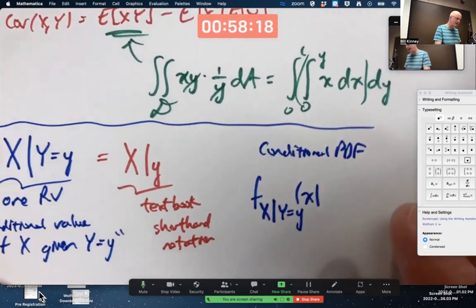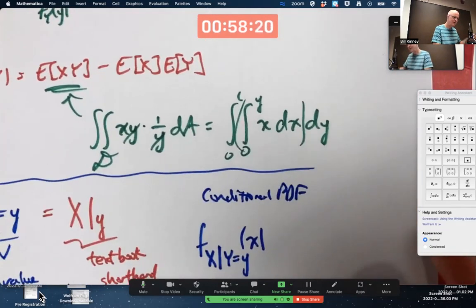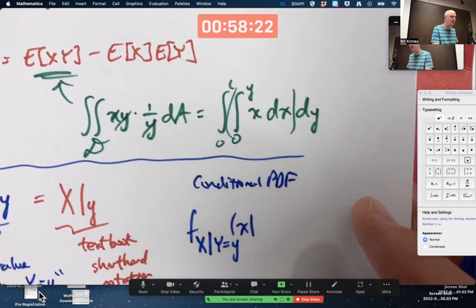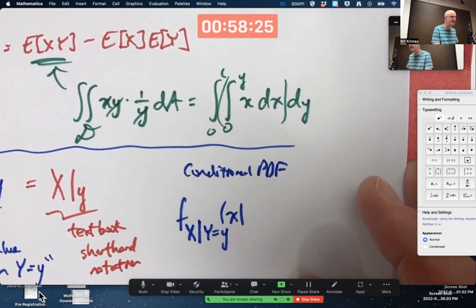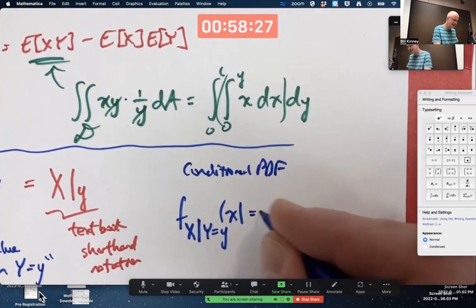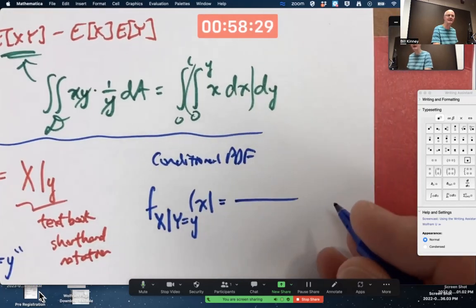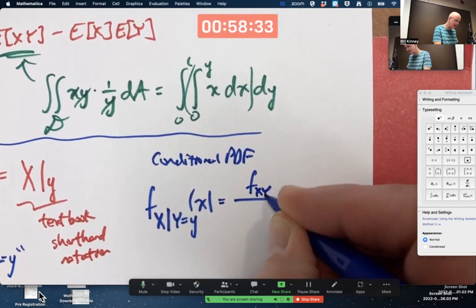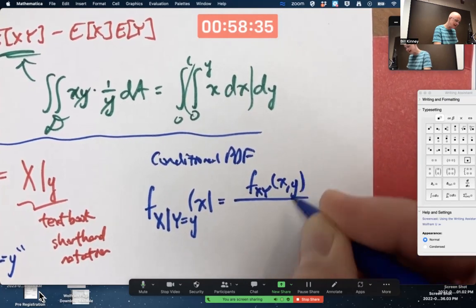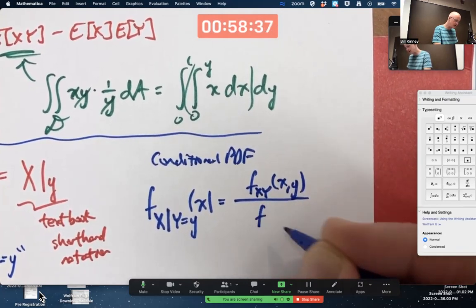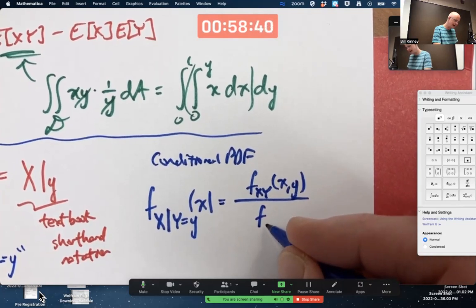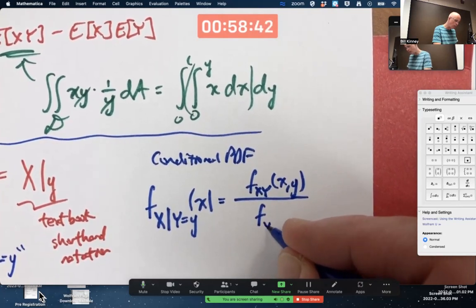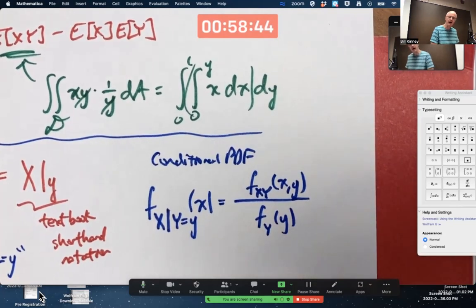But the formula I'm about to write down has got to involve little y in some way because that's what I'm given. And it does. It's a ratio, not surprising since it's conditional: the joint PDF value at x comma y divided by the marginal PDF value of y at little y.